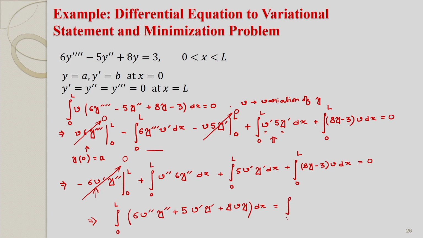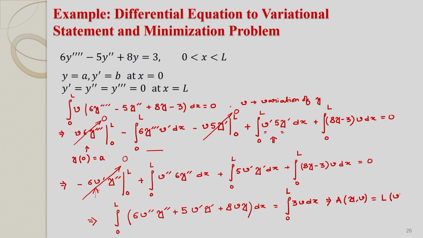and I am keeping all the terms involving both v and y in the LHS and the term involving only v in the RHS. So, you can see this is the expression A(y, v) in our abstract notation.